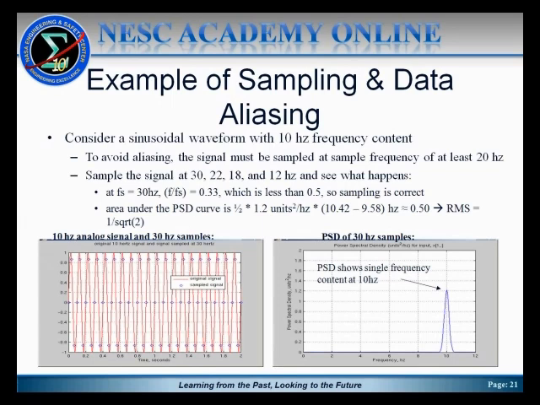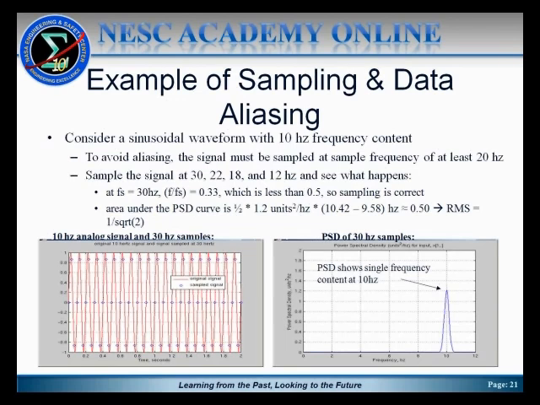The integral of a PSD gives you the RMS value squared. So if you compute a simple integration of that signal, assuming it's a triangle wave, you get an RMS value of 0.5, and that's what it ought to be for that input sinusoid, which should be 1 over square root of 2.